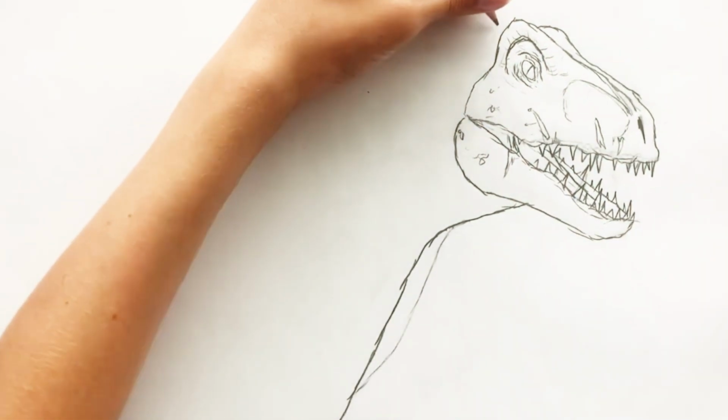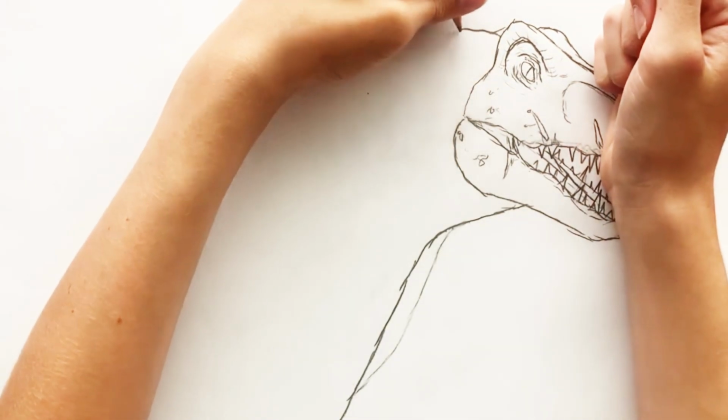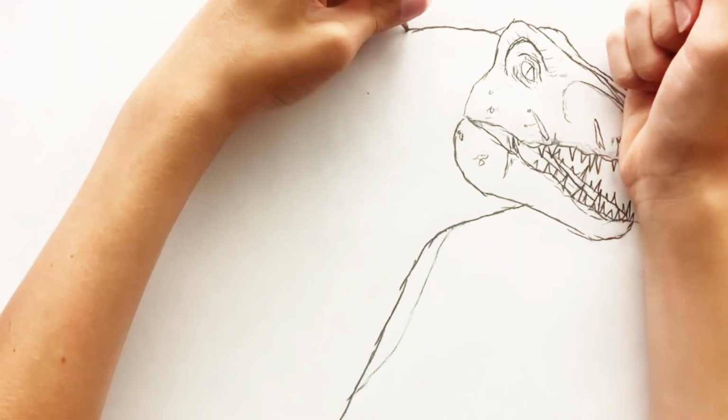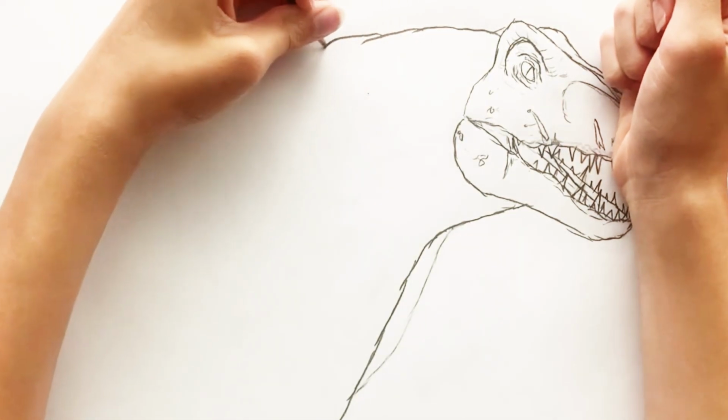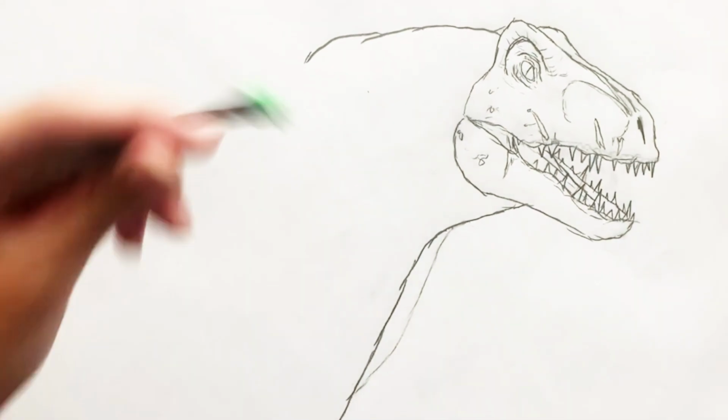And I'm just going to bring the top over here. Yeah, I don't know why it looks like this right now, so yeah, I'm just gonna have it like that. Alright, so it's gonna be like that.